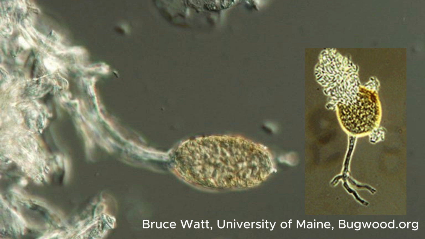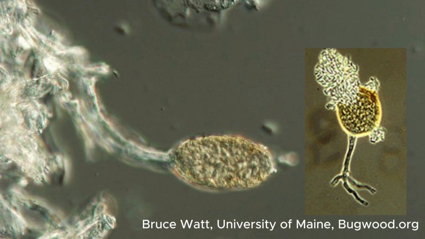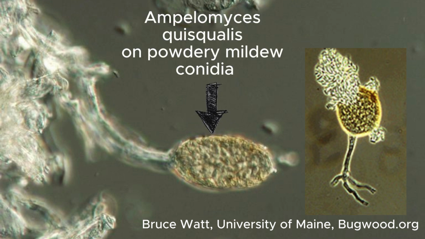When applied to plants, it exhibits what we call hyperparasitism, which is one of the coolest things about it. So when it is applied to plants, Ampelomyces spores germinate and infect the fungal structures, including the mycelium and the spores of the powdery mildew fungus.